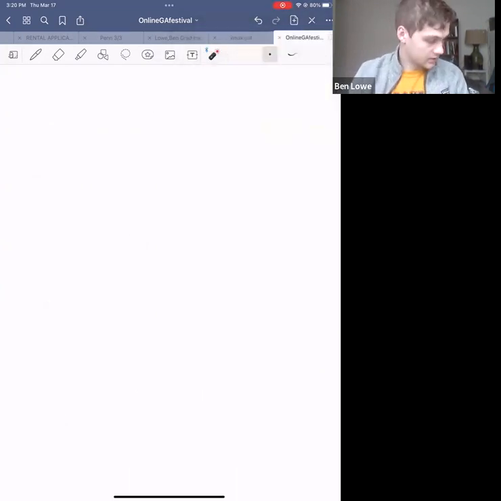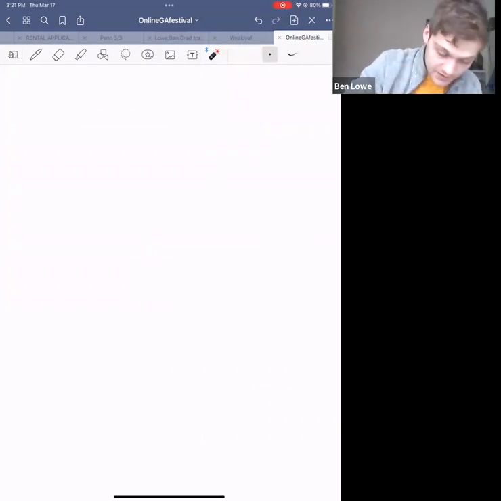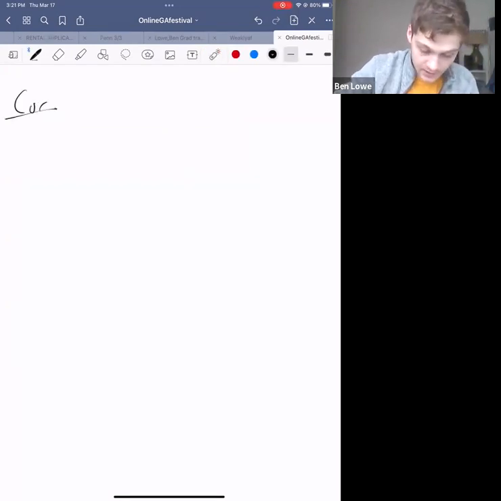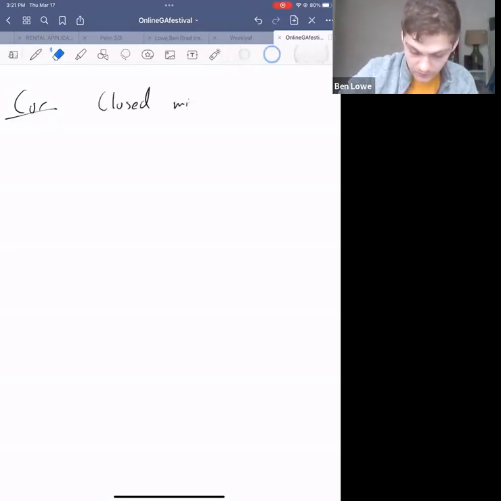So why do we do this? One corollary of this is that you can prove density results for closed minimal surfaces, similar to what you have for geodesics, right?